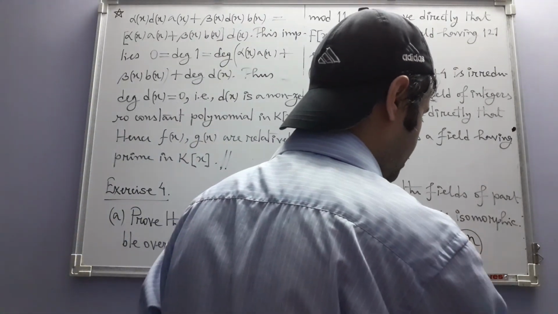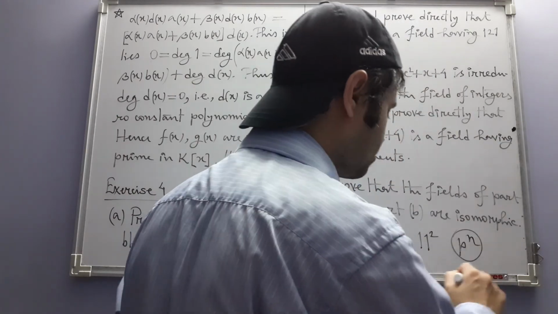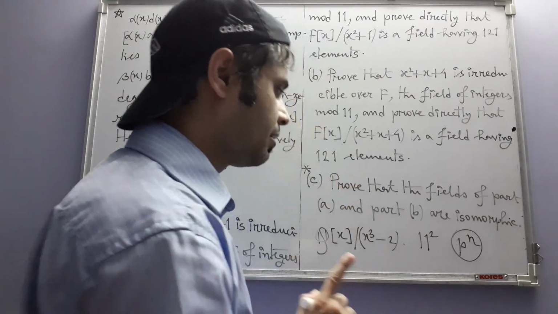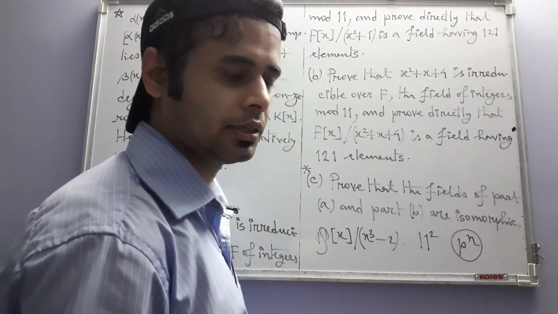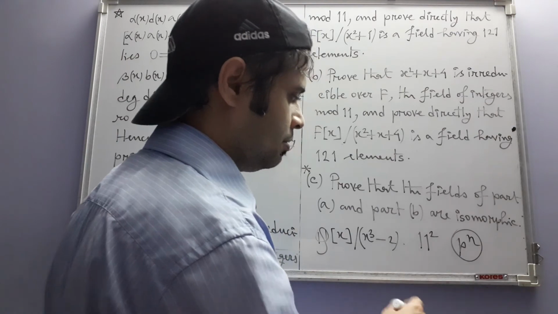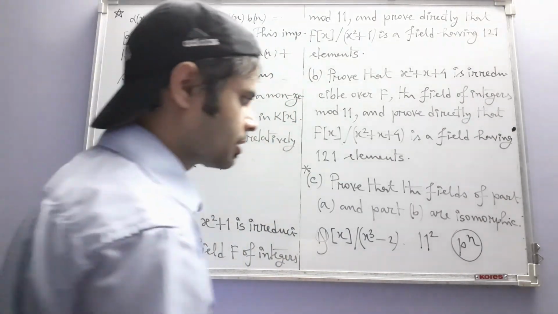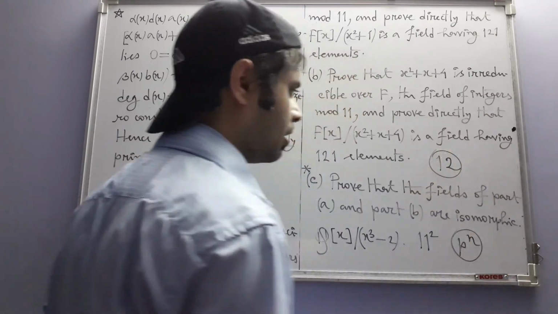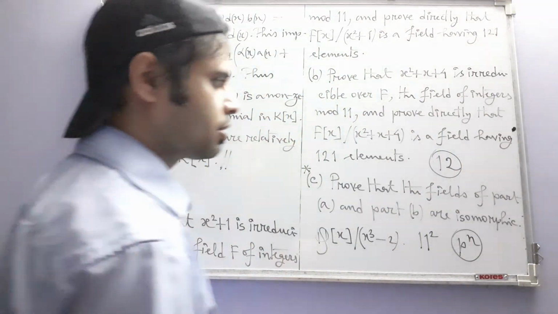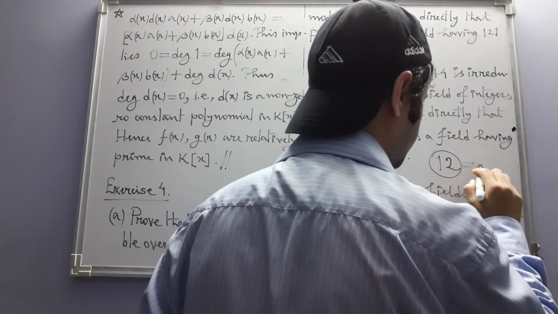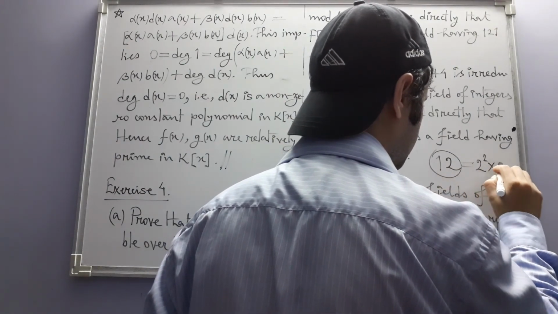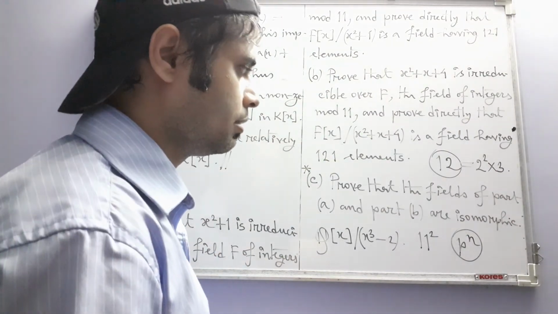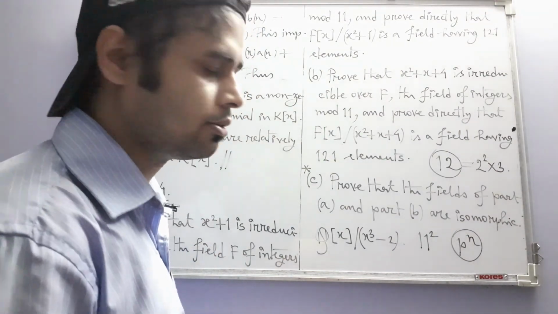In the language of number theory, the number of elements in a field has only one prime factor. It does not have more than one prime factor. For example, you cannot have a field of order 12 because 12 is not a power of a single prime. It's 2 squared times 3. We will prove this at some stage when we study field theory separately.